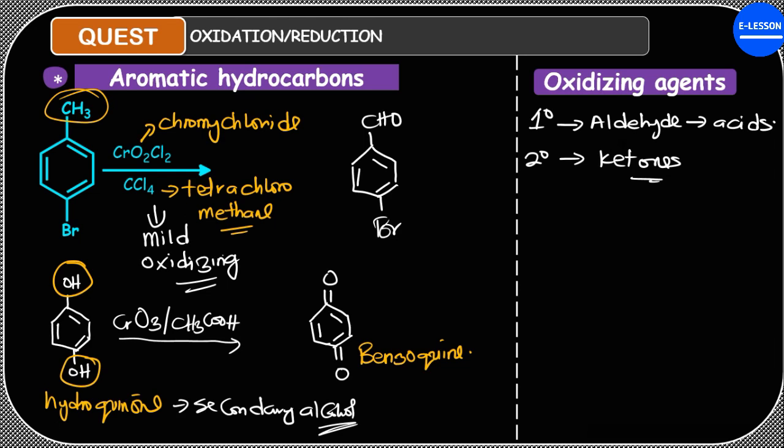Now, with oxidizing agents, there are some of them that when you put them in some compounds, some of these compounds are sensitive to them. And because they are sensitive to them, they tend to destroy the entire compound and muddle up the whole process. Now, there are some of these oxidizing agents that are acids, that are sensitive to acid functional groups.